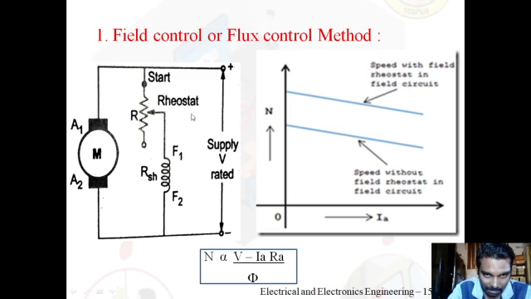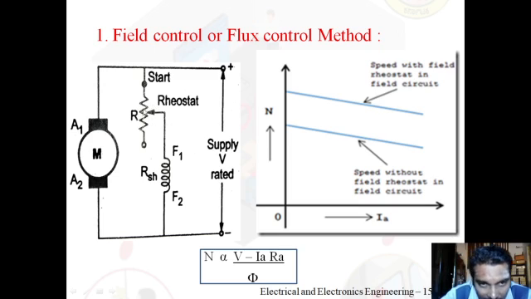Whenever the voltage is applied, again the current which is flowing through the shunt field winding decreases. Ish decreases. As Ish decreases, because we have included more resistance, the current will decrease.